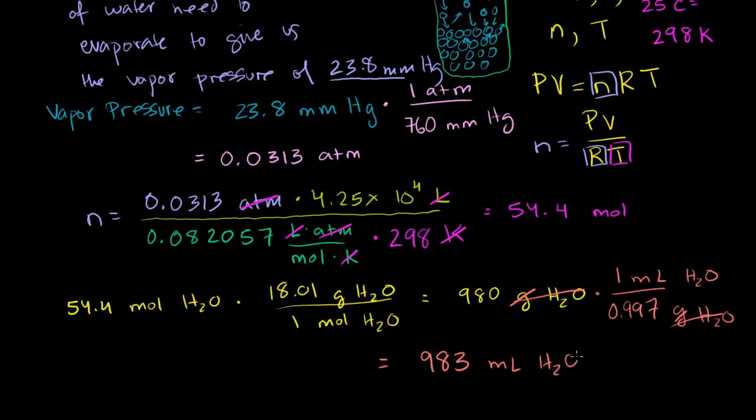So we've figured out, using the ideal gas law, that at 25 degrees Celsius, which was 298 Kelvin, 983 milliliters of H2O will evaporate to get us to our equilibrium vapor pressure.